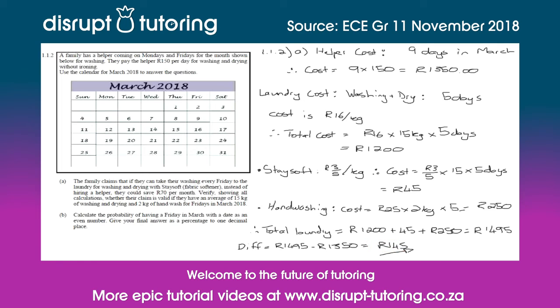So then your final answer is therefore invalid, comma, laundry is more expensive. And that is the end of the question A.